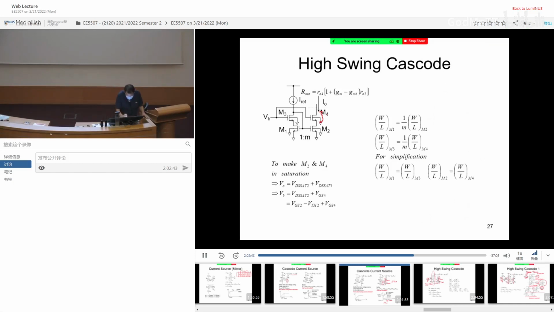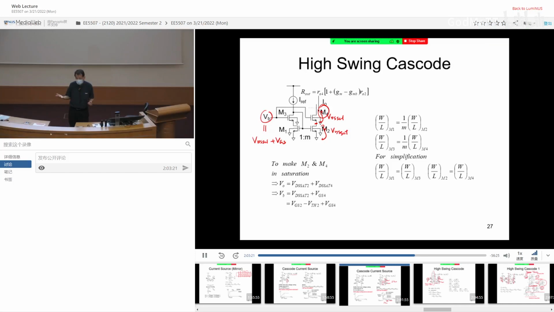I know this guy only requires VDS set. This guy only requires VDS set. So this point is VDS set. Now, as long as I bias this point to be equal to VDS set plus VGS, my job is done, right? If I make VB equal to VDS set plus VGS, then M4 will be able to operate all the way down to 2 VDS set.